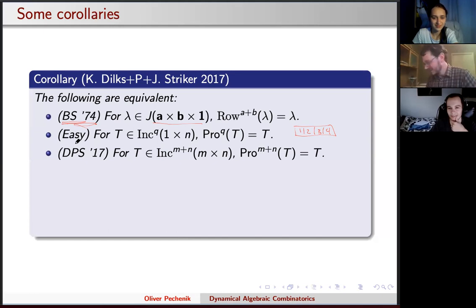And so if you squash it the other way, you end up with a different result entirely. It gives you a result for tableaux of arbitrary rectangular shape, but where you have very few employees, where everyone in your company is super overworked. Right? Everyone has many jobs. And in that case, again, if you do it once per employee, you win.